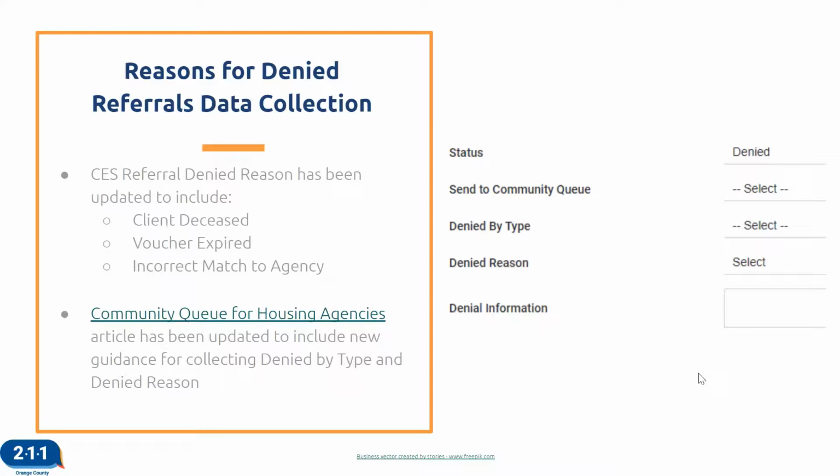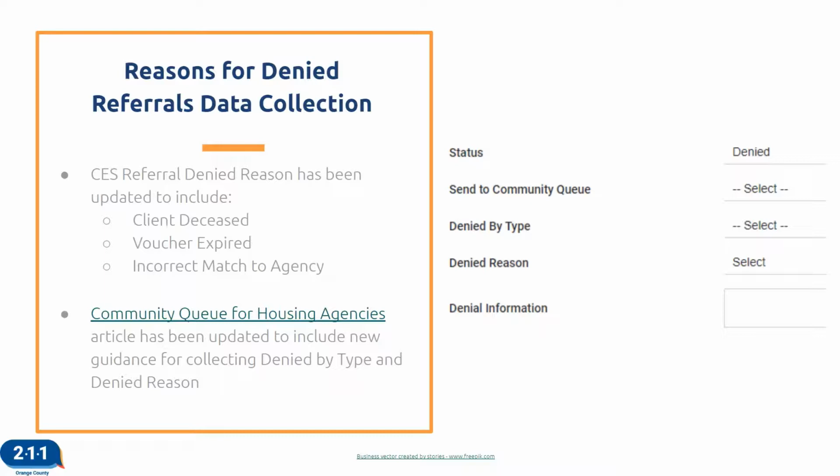In particular, I'm going to be talking about denied by type and denied reason. So the denied by type is asking if the denial was because of the client or because of the provider. And the denied reason is a drop down of reasons why the denial occurred.